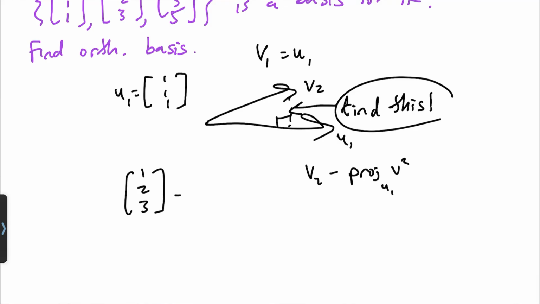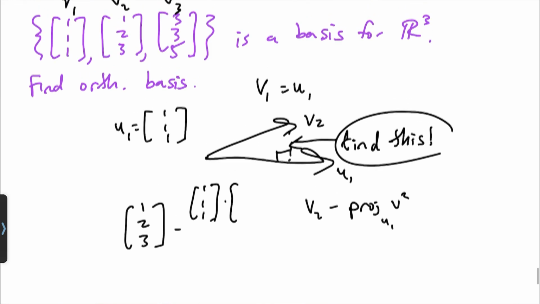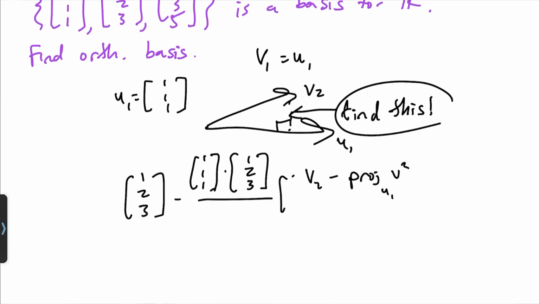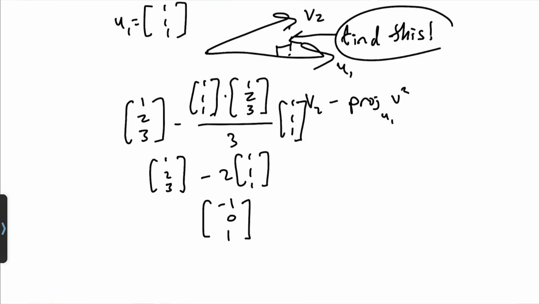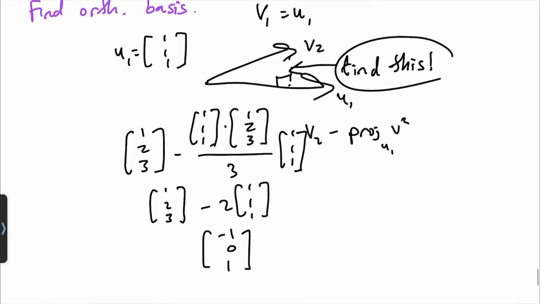So remember what that is. That's going to be 1, 1, 1 dotted with whatever we want to change, which is going to be 1, 2, 3. We're just going to have a bunch of ones here, and this is just going to be 3. It's going to be 1 plus 2 plus 3, which is 6 over 3, which is just 2. And this is just going to give us negative 1, 0, and 1. And what we'll notice is if we dot this with our u1, which is 1, 1, 1, we indeed do get 0. So we are doing well. It's always good to check these things.